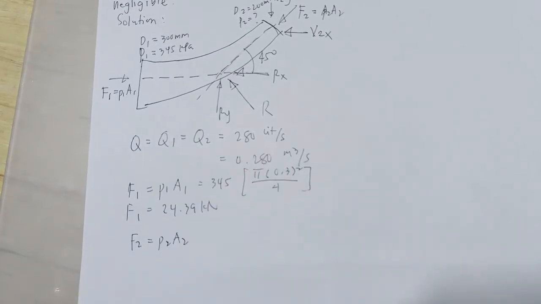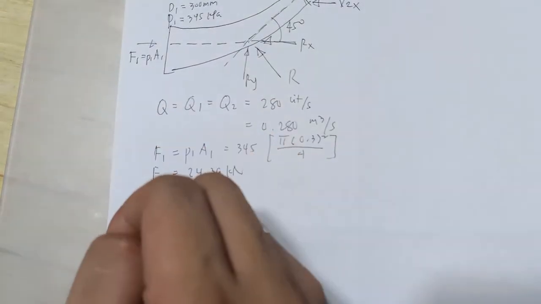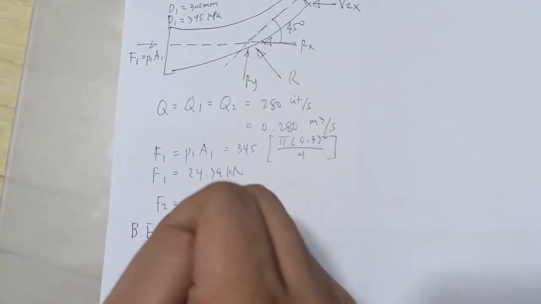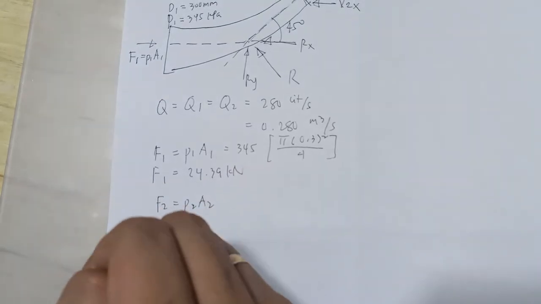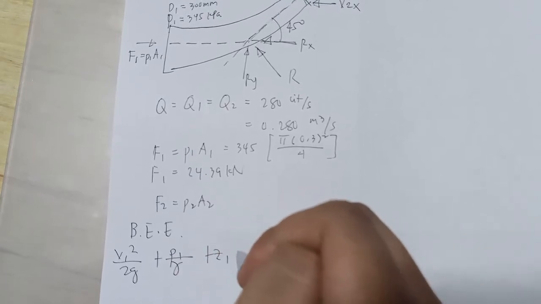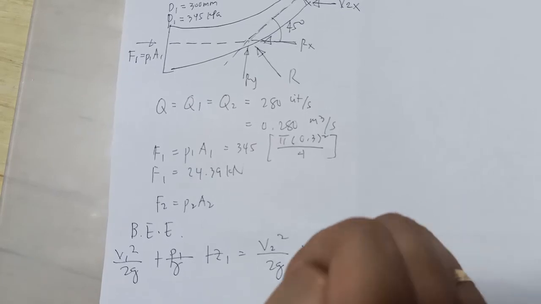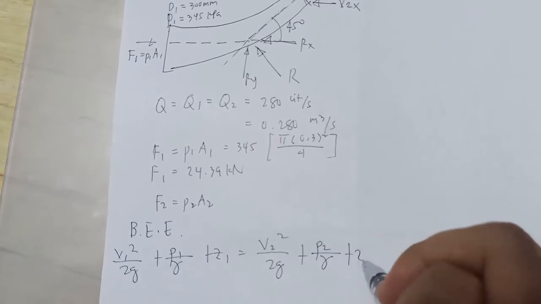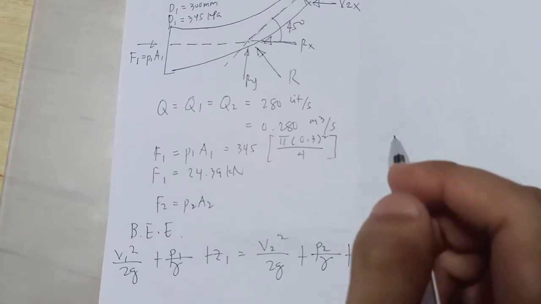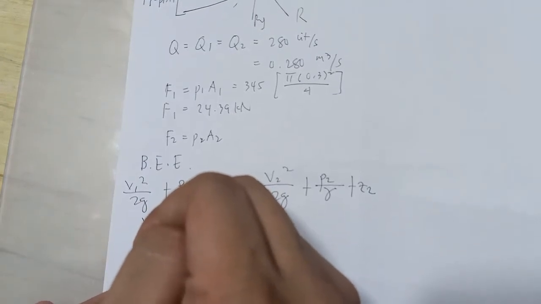right? And we haven't gotten the second pressure, so let's use the Bernoulli's energy equation, which is BEE: V sub 1 squared over 2G plus pressure 1 over gamma plus Z1 equals V sub 2 squared over 2G plus second pressure over gamma plus Z2. So we will be getting the velocities.